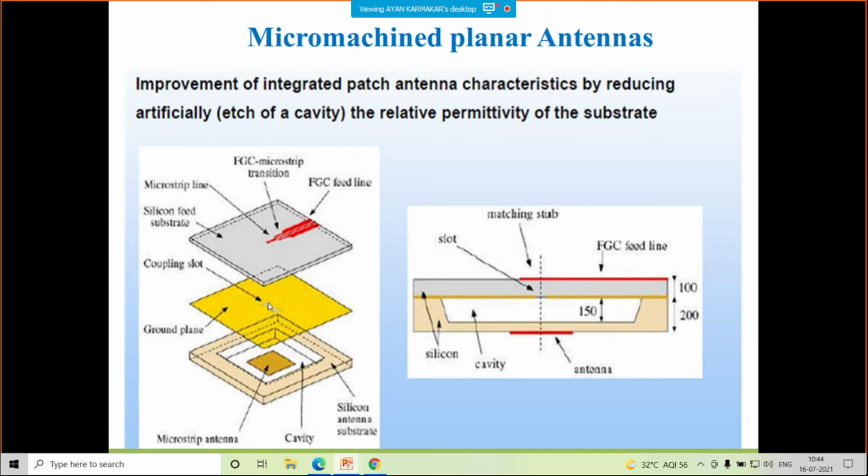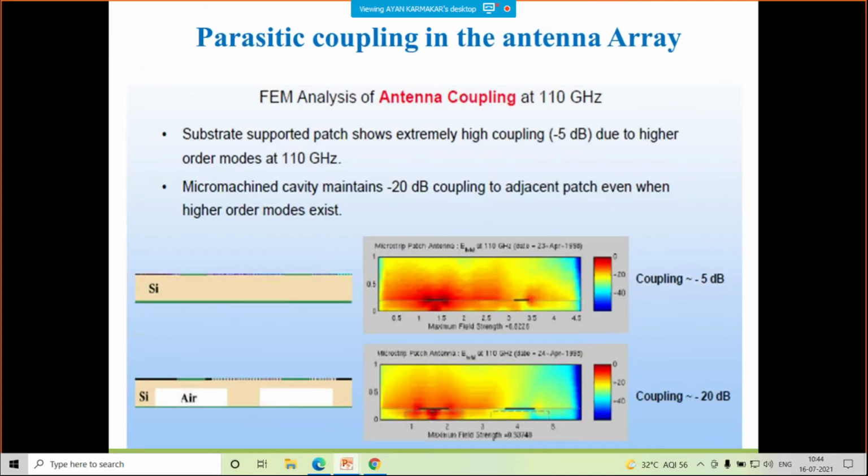Finally it leads to losses and your antenna will be less efficient in radiation. So this is the only solution for aperture coupling techniques, and people have reported up to 94 and 100 gigahertz. If you look at Professor GM Ravi's work, you will see how much work he has done in his lab.